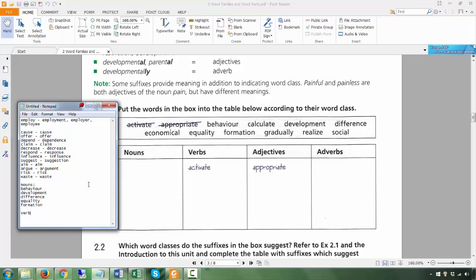For verbs, you have activate, which is already there, calculate and realize. For adjectives, you have appropriate, which is there, and economical and social. And for adverbs, you have gradually, the ly. Okay, so as you can see here, if a word ends with ate, it could be a verb or an adjective.